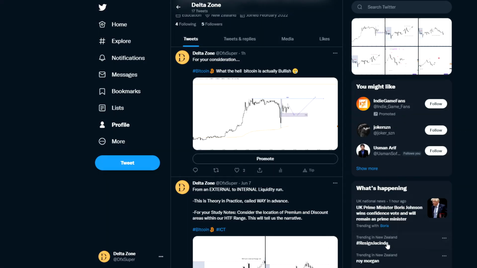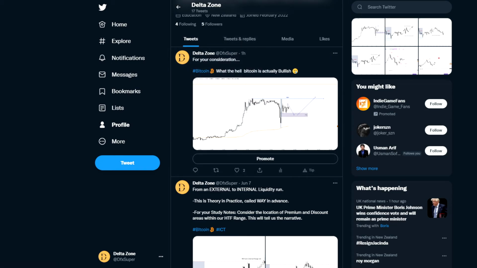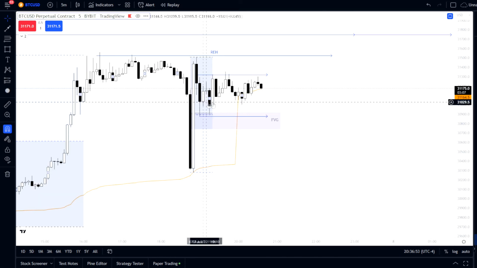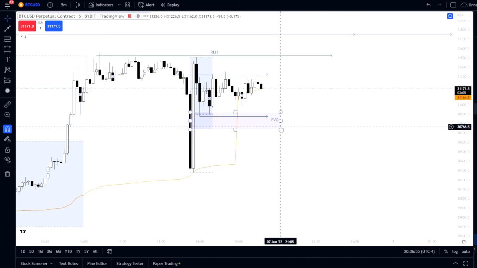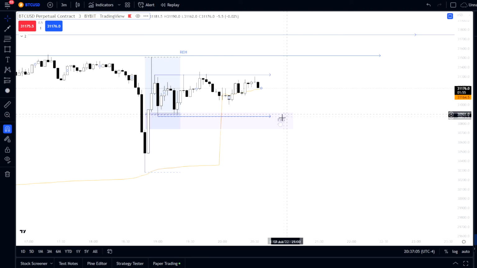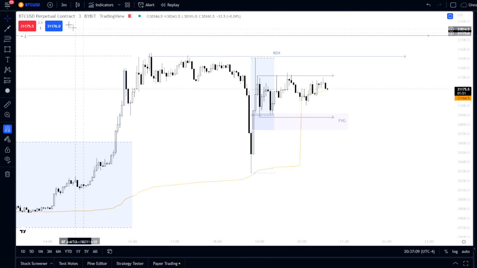This is also the power of three concept taught by ICT: accumulation, manipulation, and distribution. As we're accumulating positions in this area, the move down is a form of manipulation, to get everyone maybe a little bit bearish and take some sell side liquidity, and then continue the real push as they distribute their positions higher, right above the equal highs.